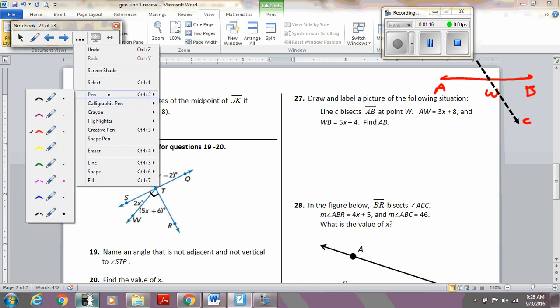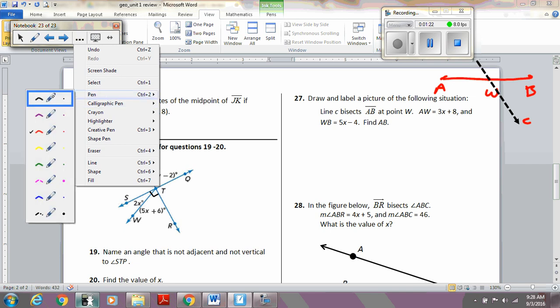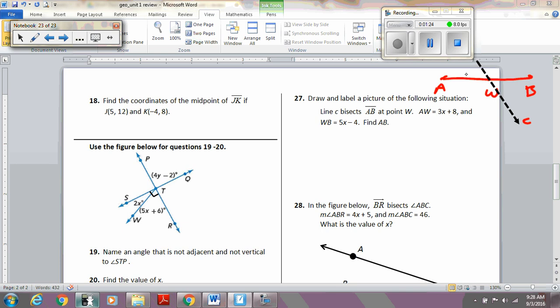Line C is bisecting the segment. So the important piece is to understand that bisect means cut in two equal parts. So that means AW is equal to WB. That's the most important thing.